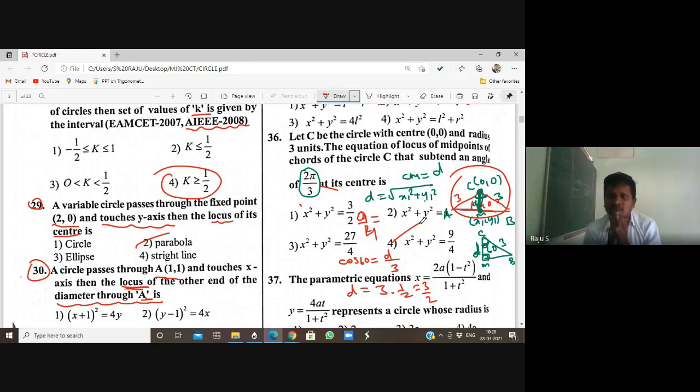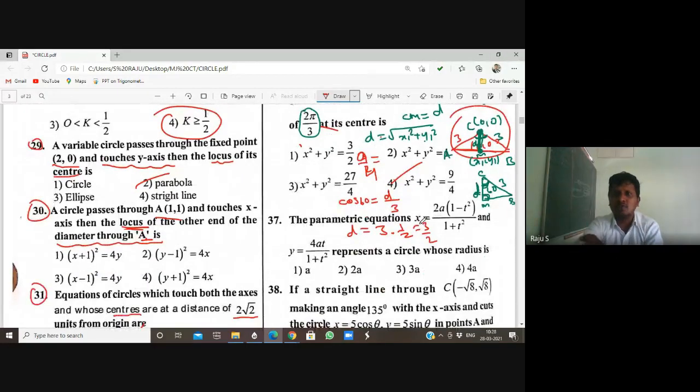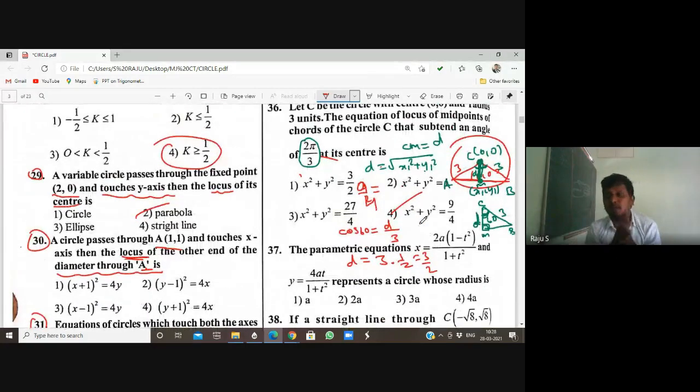The angle they given is clearly 120, half of the value is 60. Then we need to find the adjacent side of the right angle, so you can apply the cos theta formula. You'll get d value directly 3 by 2. Squaring on both sides, 9 by 4 is equal to x1 square plus y1 square. The locus of x1, y1 is x square plus y square is equal to 9 by 4. Clear?